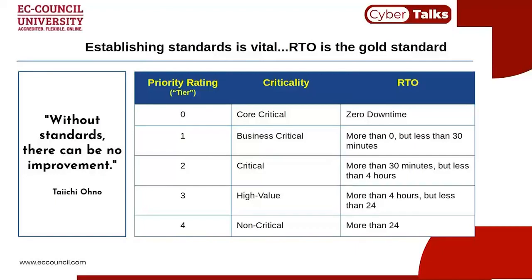So you need to select a standard for your organization that is appropriate for your RTO, or recovery time objective, for each of the priorities. That way you have buckets. So you have a priority rating of 0, let's say, that means 0 downtime. It means it's got to run all the time, can't go down.